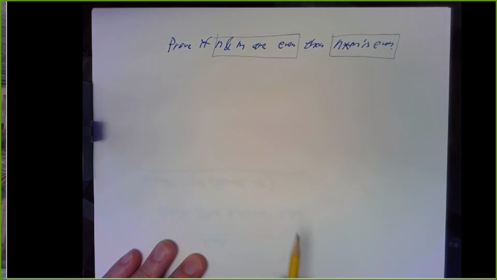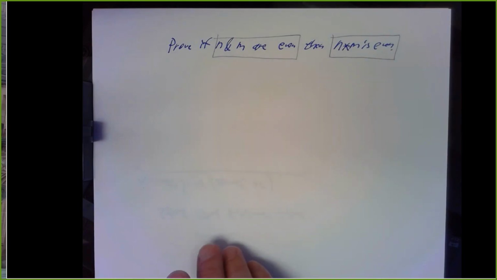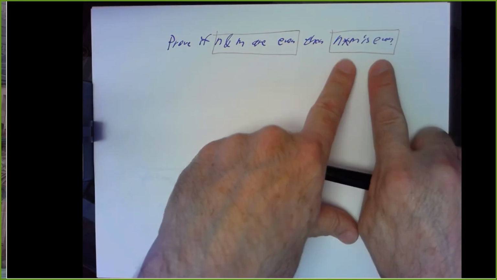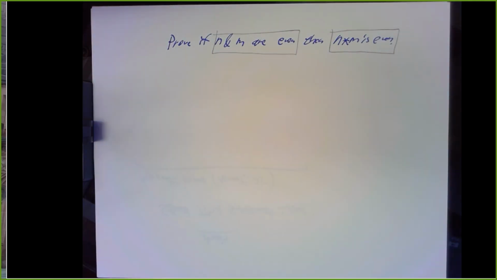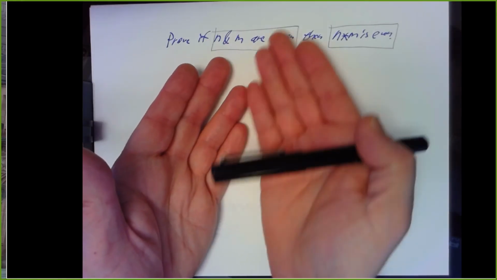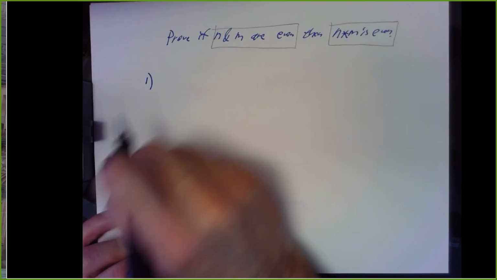And we're trying to prove if this, then that. In other words, this implies that. So maybe this is the proposition P, this is the proposition Q. We'd like to prove P implies Q. How do we do that? We take P as being true, and we try to show that we can get to Q being true. So this is why we state hypotheses, right? So let's start off by stating the hypotheses.